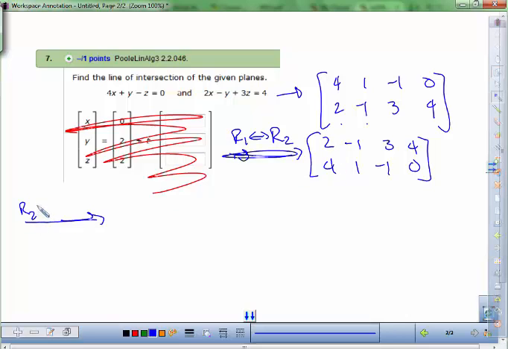So R2 plus -2 R1 replaces R2, which means R1 doesn't change. And this is going to be 0, which is what I was shooting for. And then whatever else happens, if the rest are zeros, then it's really up to how the system is supposed to work.